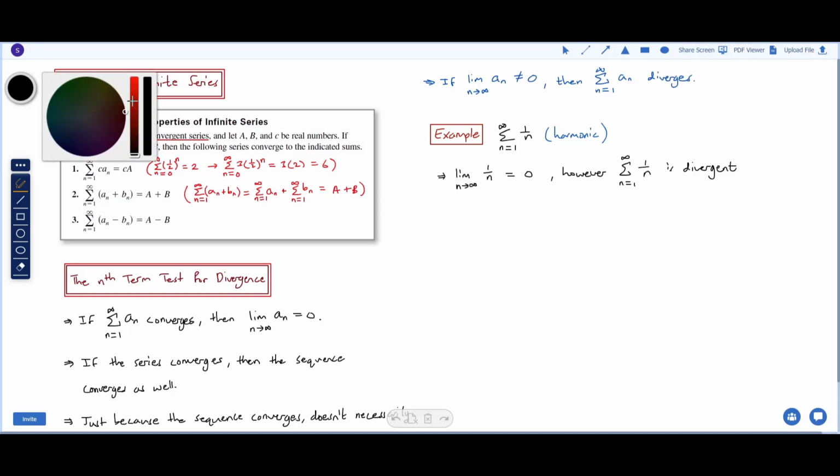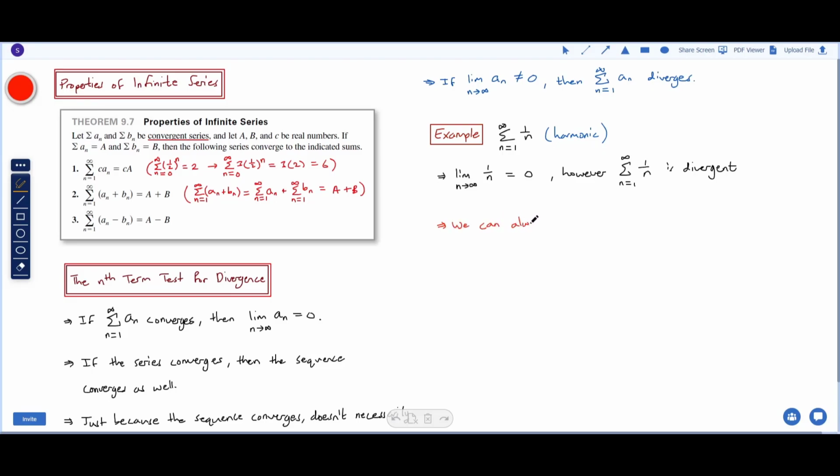So we can always check for the divergence of a series using the nth term test.